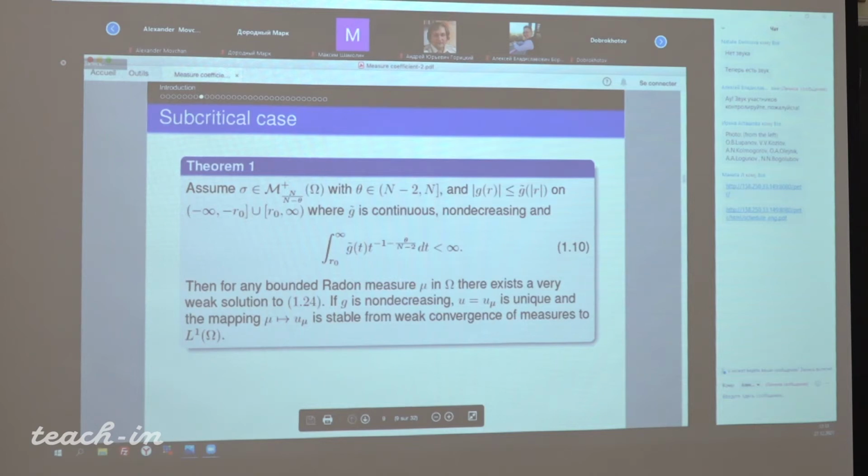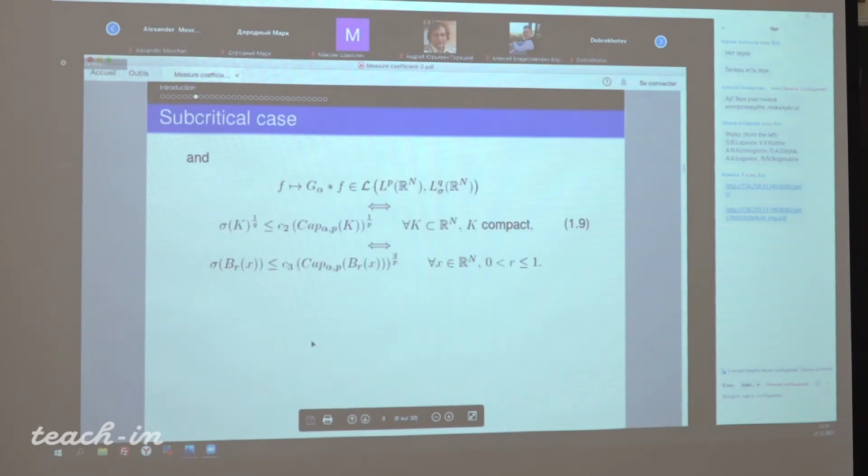Now for the Bessel potential, you have this type of estimate. The mapping f maps to G_alpha convolution with f, where G_alpha is the Bessel potential of order alpha, is a continuous linear mapping from L^p of R^n to L^q sigma of R^n if and only if the measure of a compact set K to the 1 over q is bounded by the capacity C_{alpha,p} of K to the 1 over p.